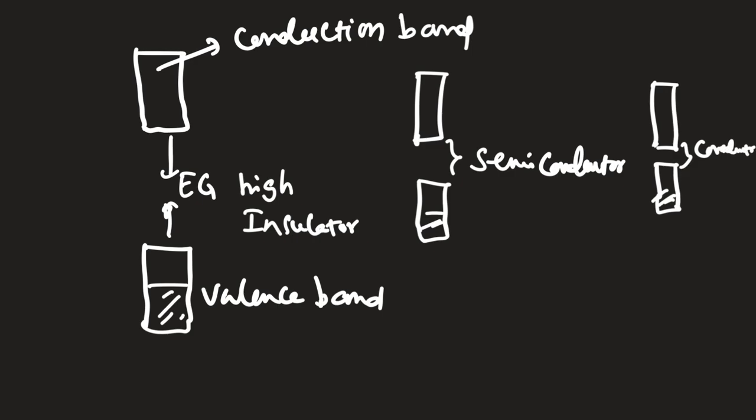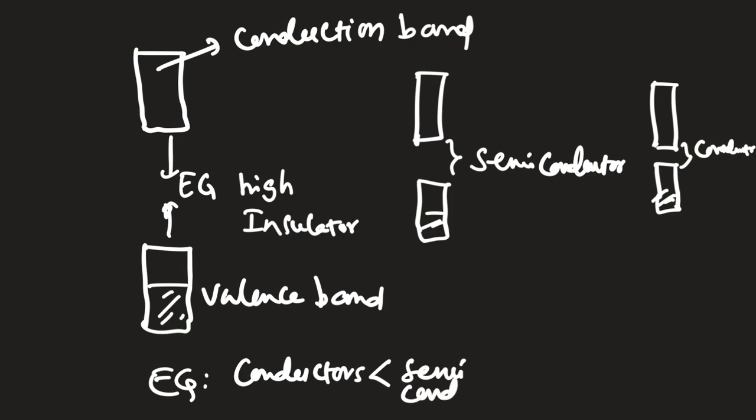Very less is called superconductors. So the energy gap order is: conductor very less, then semiconductor little greater, then insulator.